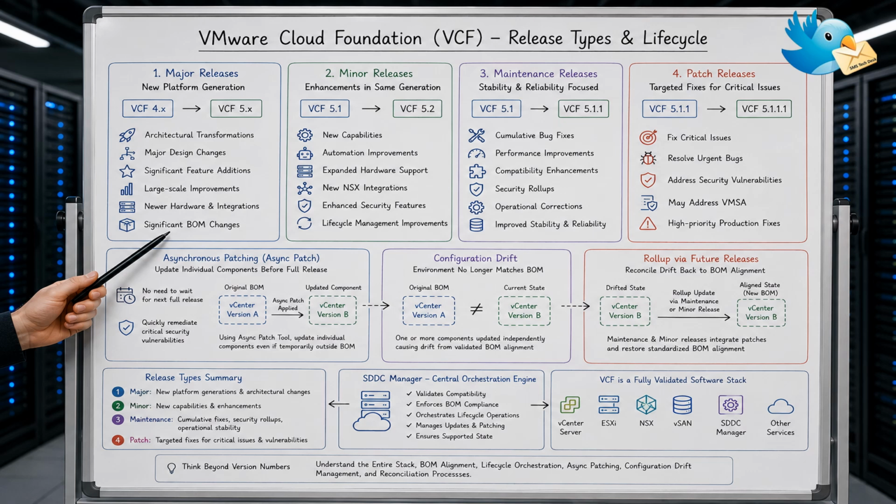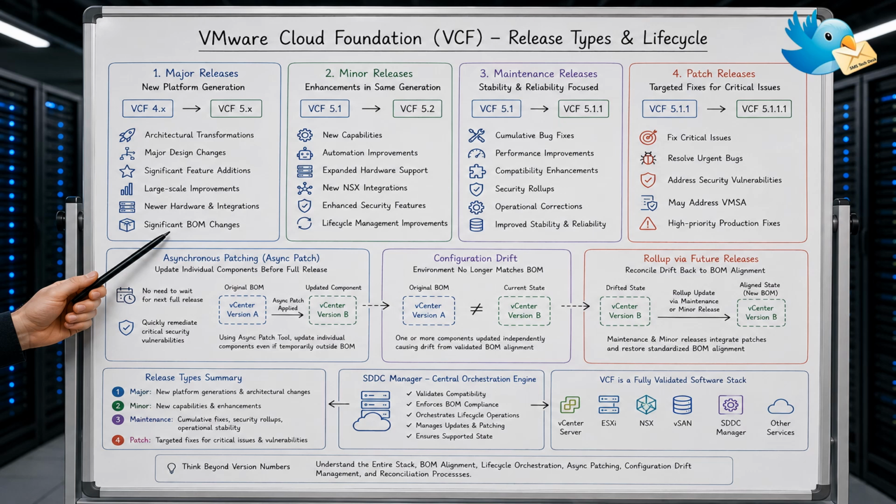Then maintenance release. If it is 9.0 and they are releasing 9.0.1 or 9.0.2, that is going to be a maintenance release. And patch release, they can release an important urgent vulnerability fix to update any single component or multiple components. Those things come under the patch release category.